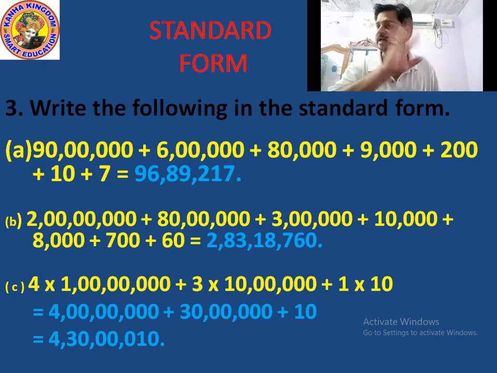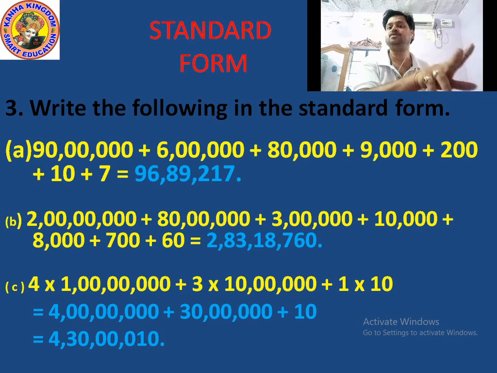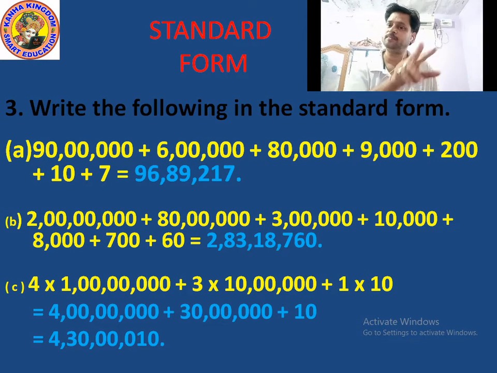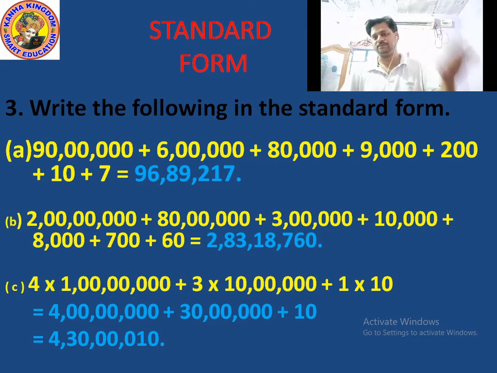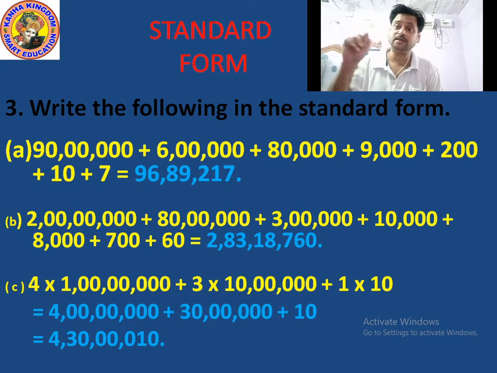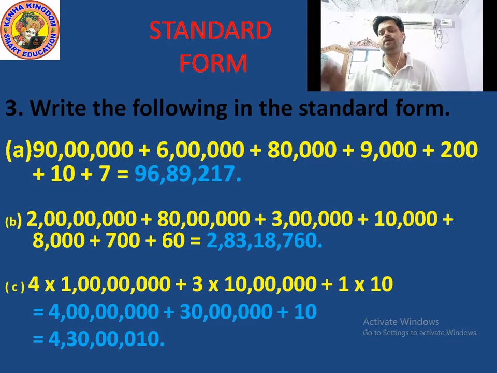The third period is the lakhs period, and here are 2 digits after the second comma. So that means 80 lakhs. Clear? So 2 comma 80, 2 crores 80 lakhs.